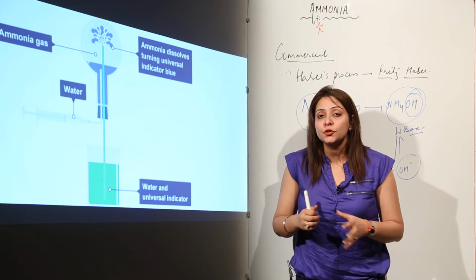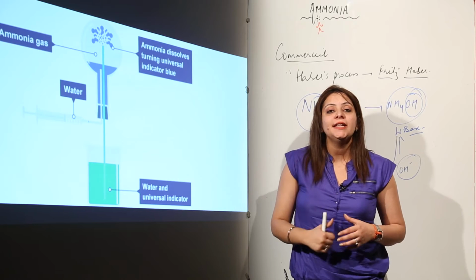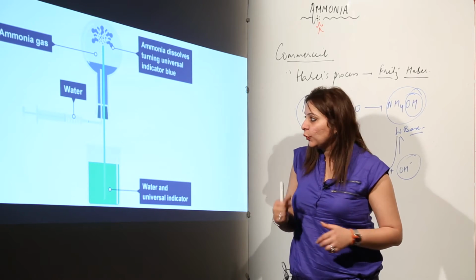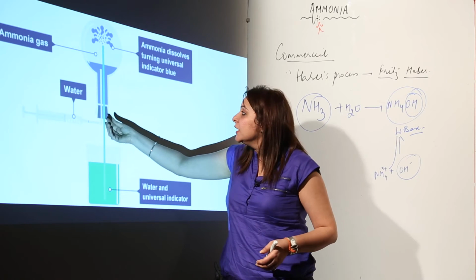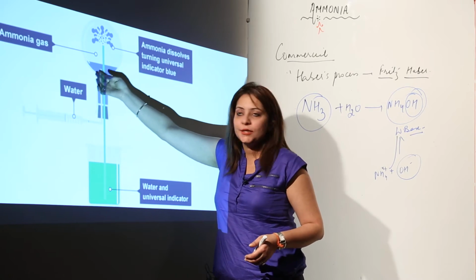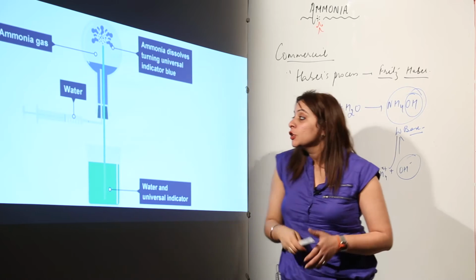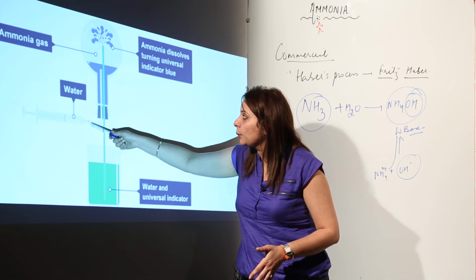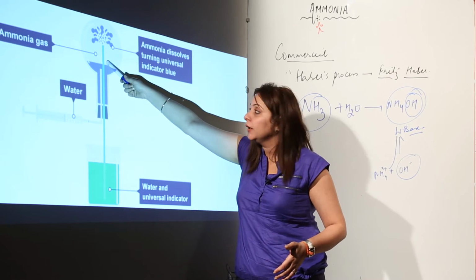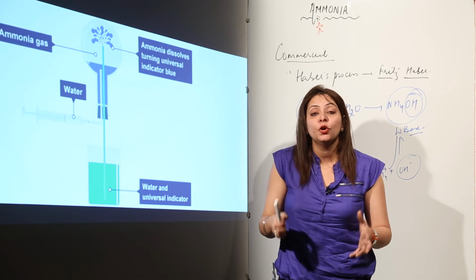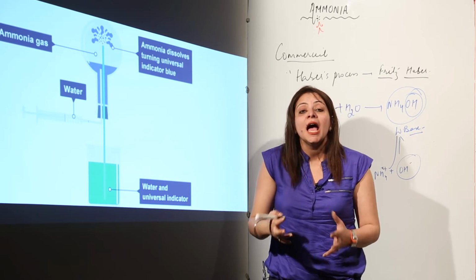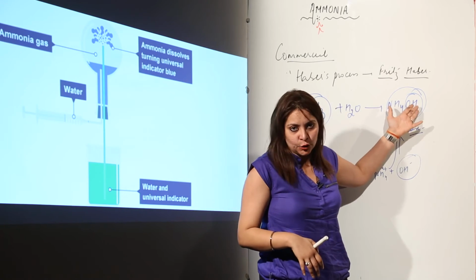Now listen carefully to how we can explain the solubility of ammonia in water. We press the dropper, so some amount of water goes into the round bottom flask. As I told you, ammonia has great solubility, so ammonia dissolves in water and gives rise to ammonium hydroxide, right.